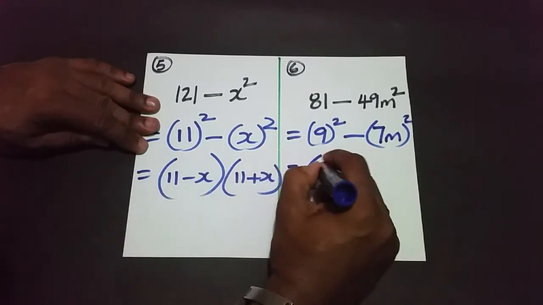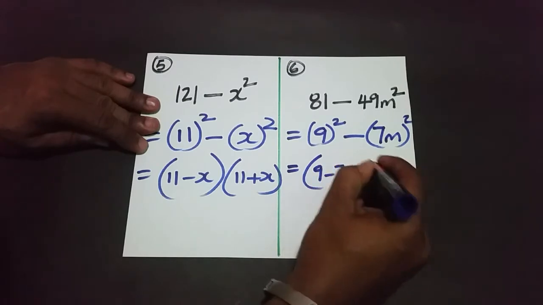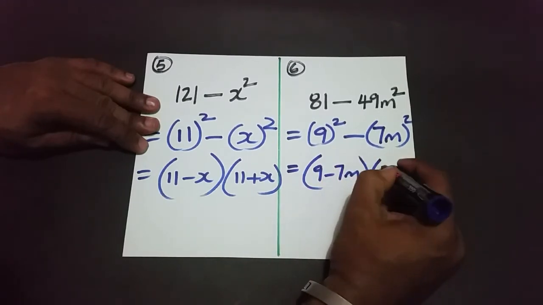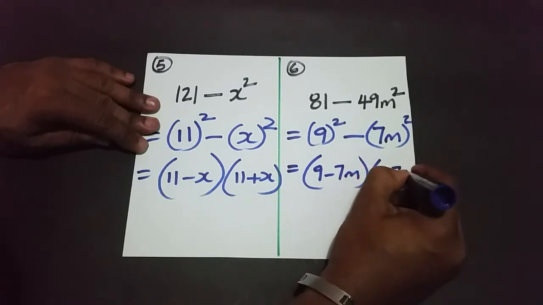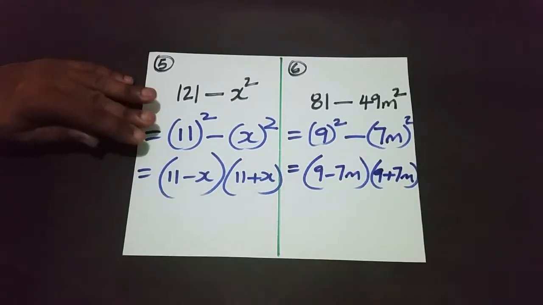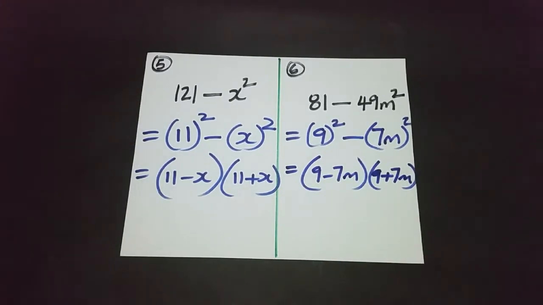And the final answer, in one bracket, 9 minus 7m, and in the other bracket, we're going to have 9 plus 7m. And again, you can always expand to test to see if you were to expand, you'll get back the original thing. Very, very simple.